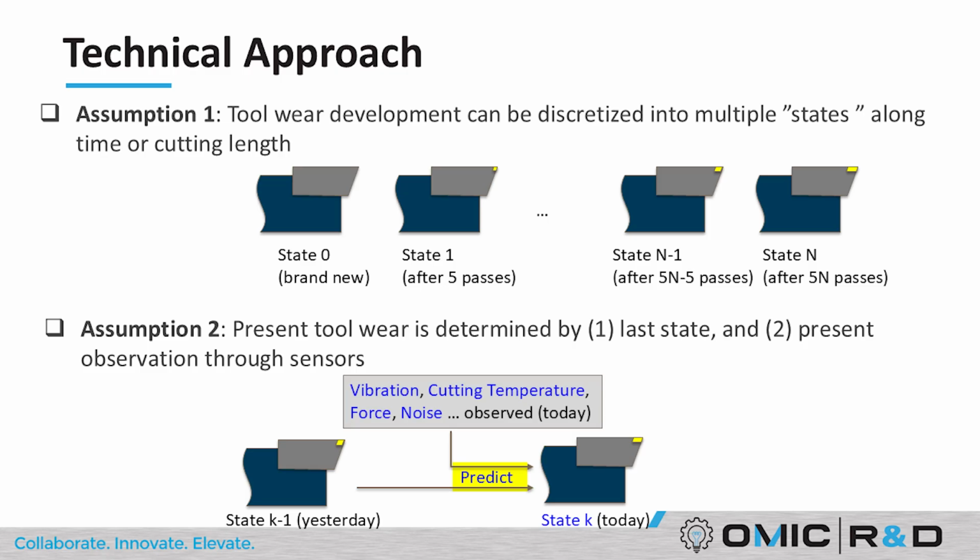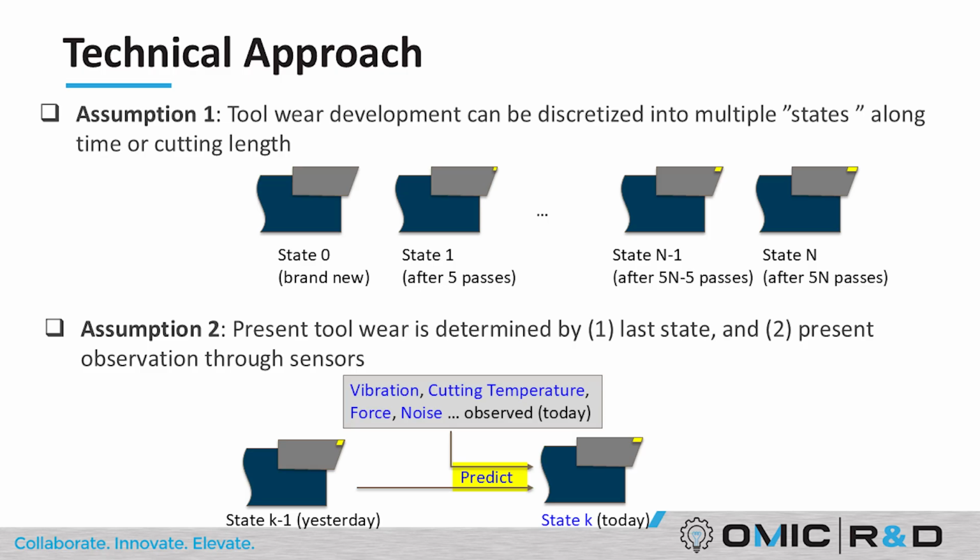The first assumption is that we can digitize the cutting process into a couple of states, from the very beginning when the tool is brand new to the state where the tool is totally worn out. Each state can be represented by a single cutting path, for instance, 1 foot of cutting. Within each cutting state, the tool wear status is stable, but the change happens from one state to another. So that is the first assumption.